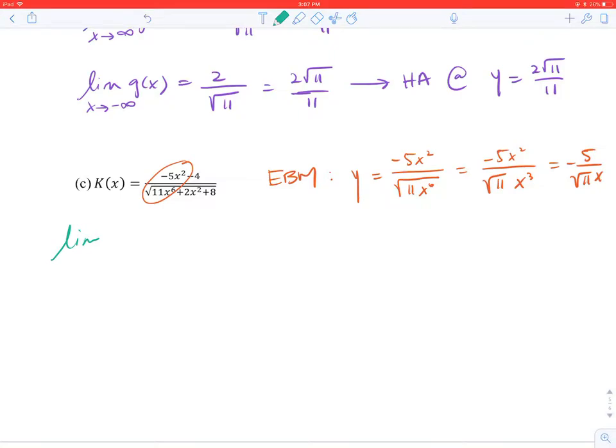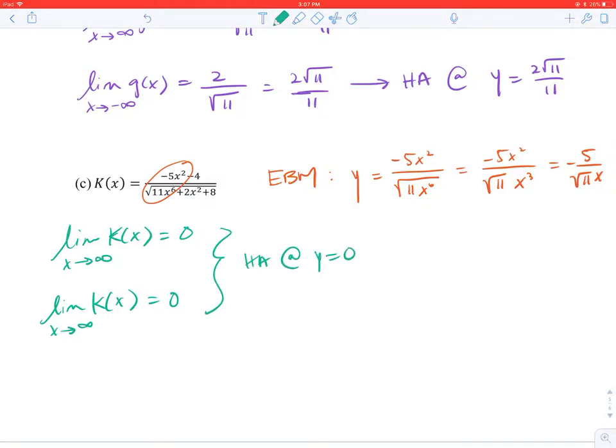Okay, well, the limit then as x approaches infinity of capital K(x) will be 0 because our end behavior model as x approaches infinity would approach 0. And then same thing as x approaches negative infinity would approach 0. So k(x) has a horizontal asymptote at y equals 0.